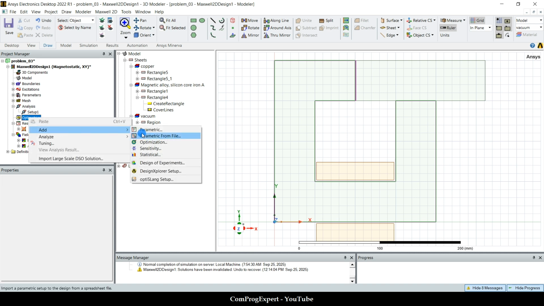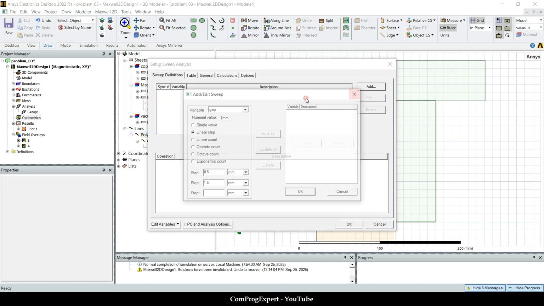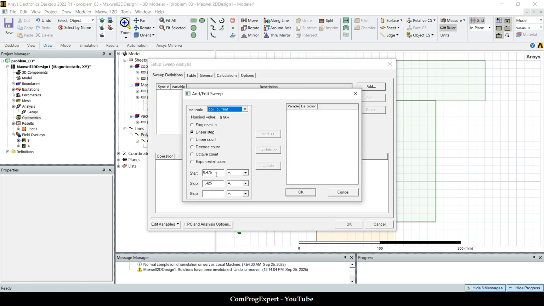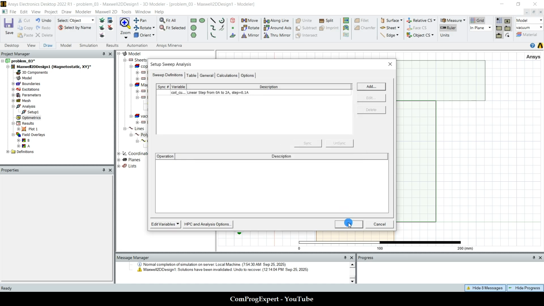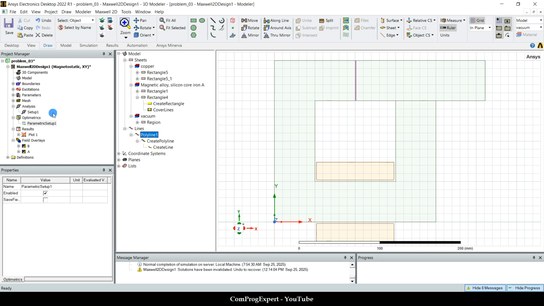So here, do this parametric analysis. Let's change the coil current from 0 to 2 amps, with a step size of 0.1 amps. Yes. Run the simulation. Analyze this parametric study.